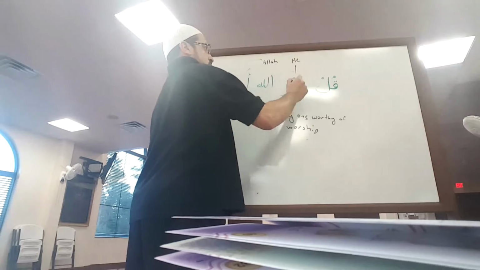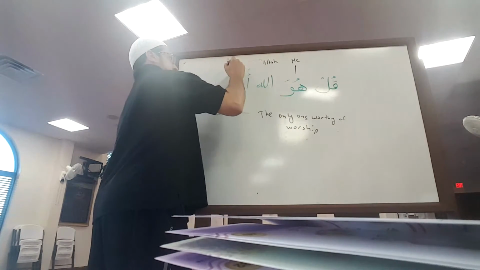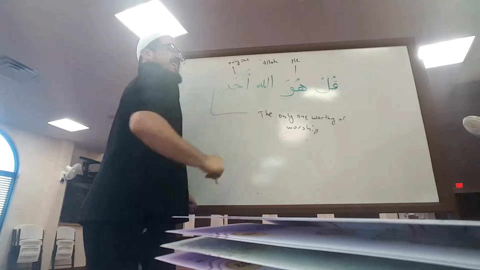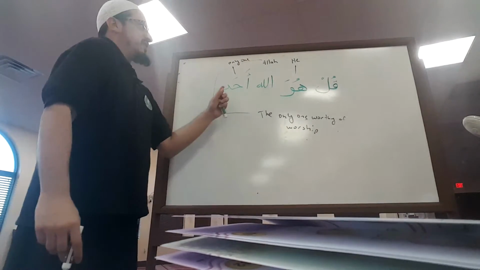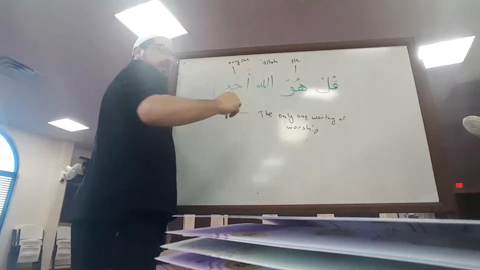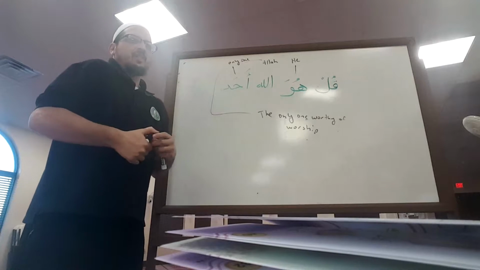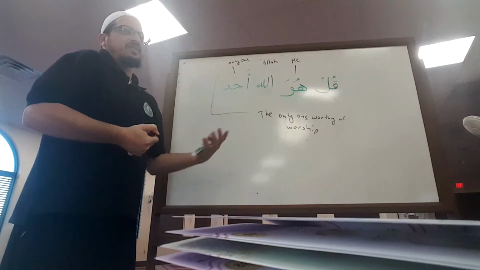So it goes back to one, ahad, the only one. So everything is going back to one. There's only one God in the sentence grammatically. So it puts emphasis on the oneness of God.